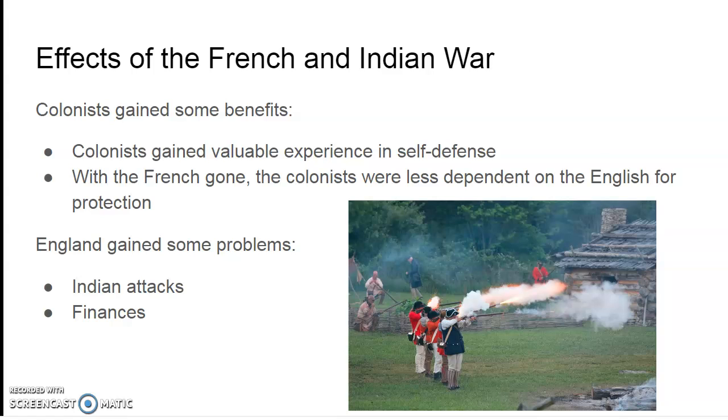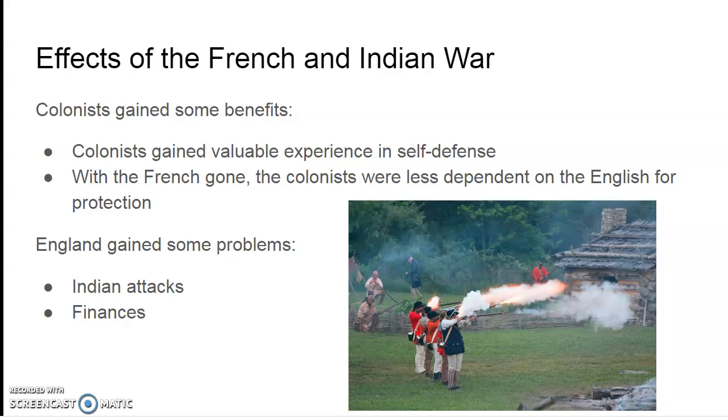And then also with the French and Indian War coming to a close and the French having lost, there's going to be more of a threat from Native Americans attacking the British.